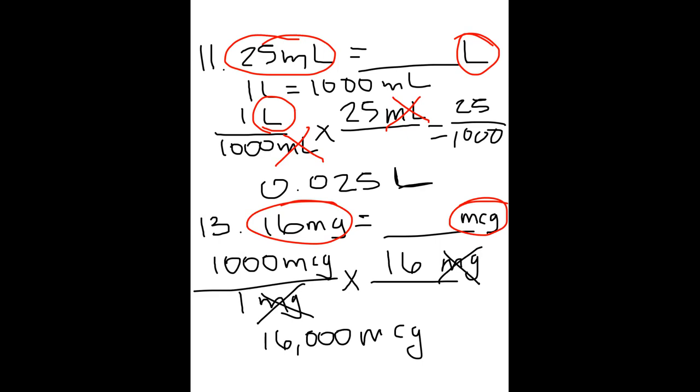And let's do number 15. Okay, so we are converting 2,703,000 micrograms to grams. And this is something that we can do with dimensional analysis.